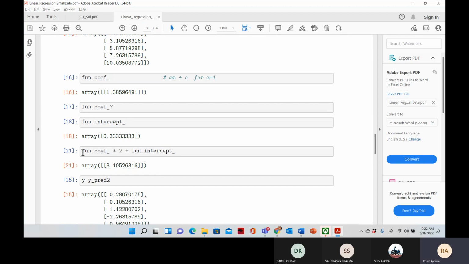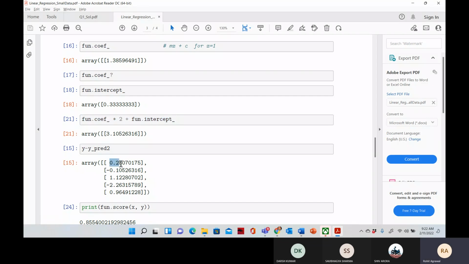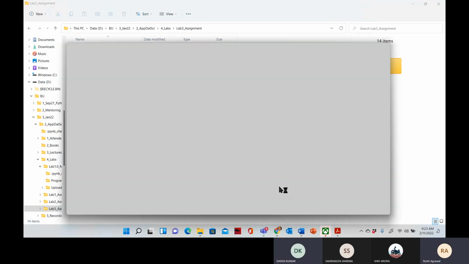This M x plus C. And this was the error. For first point, this was the error. For the second point, for third point, for fourth and for fifth. So the same question you can do with the Python as well that we did here. Okay, is it fine? Yes sir.